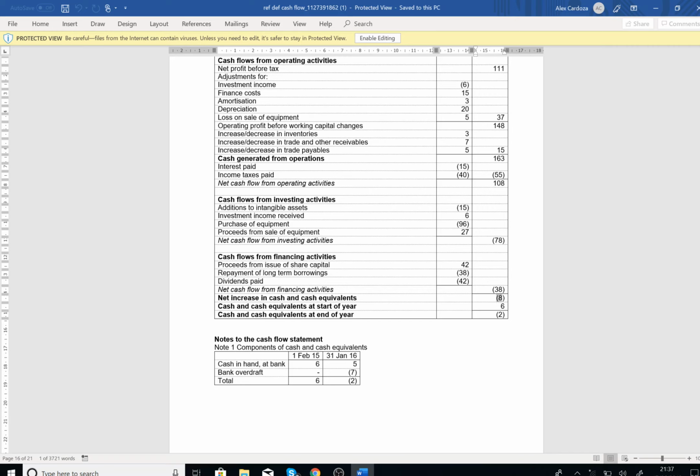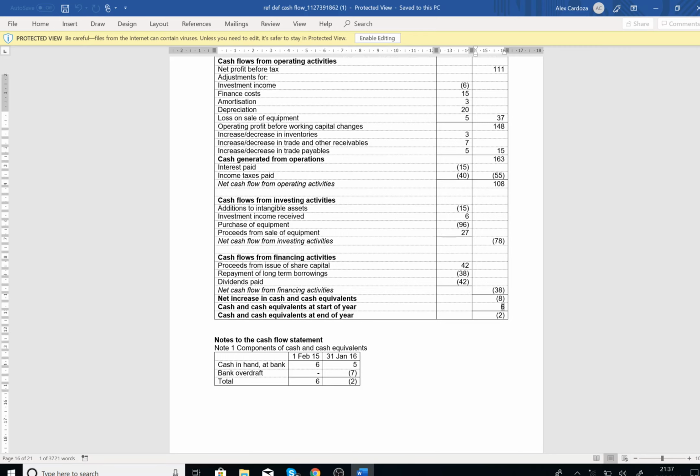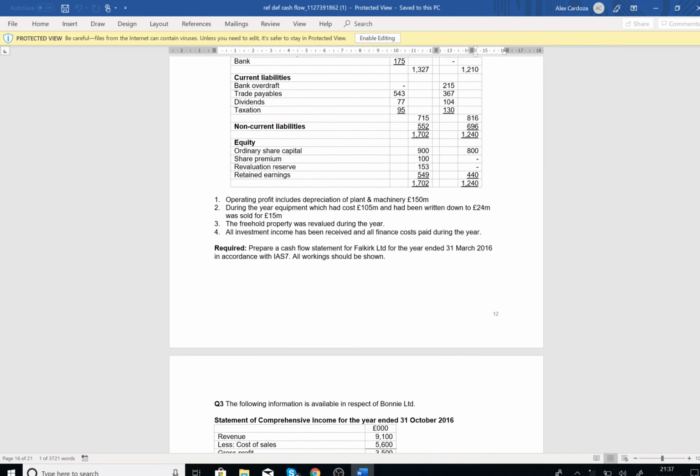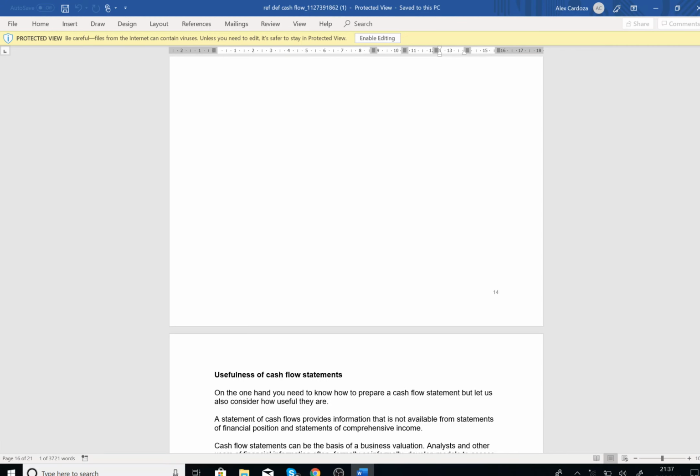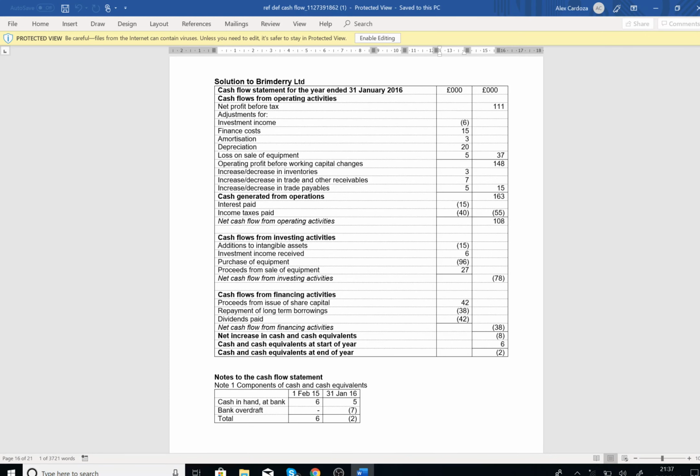Then you take cash at the beginning of the year, which that 6 comes from your balance sheet here. And that change, so you just do 8, your reduction, minus from the 6, and you've got minus 2.